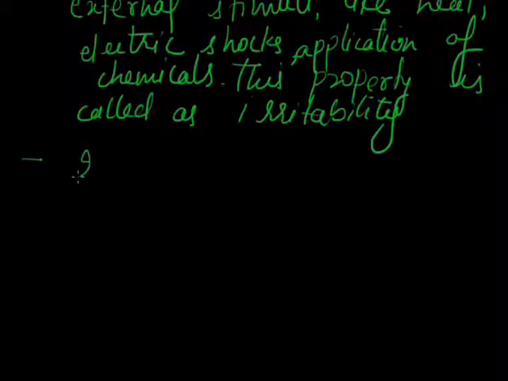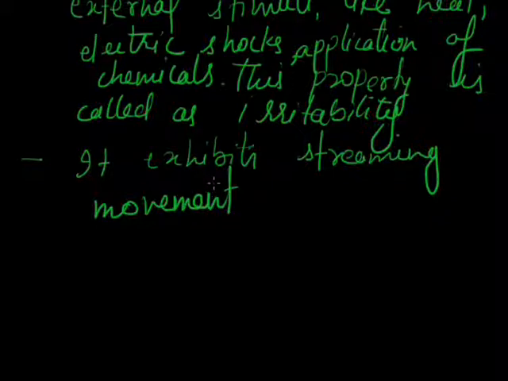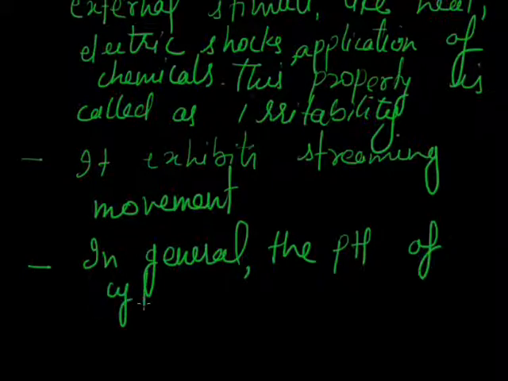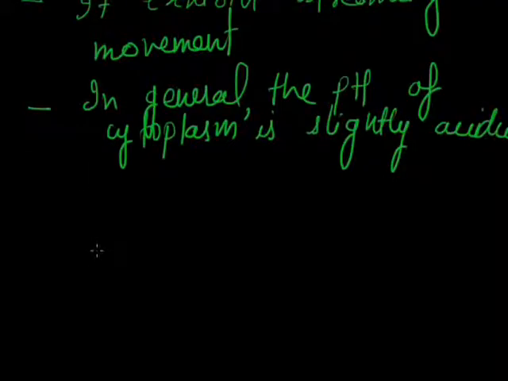It exhibits streaming movement. In general, the pH of cytoplasm is slightly acidic, that is 6.8.